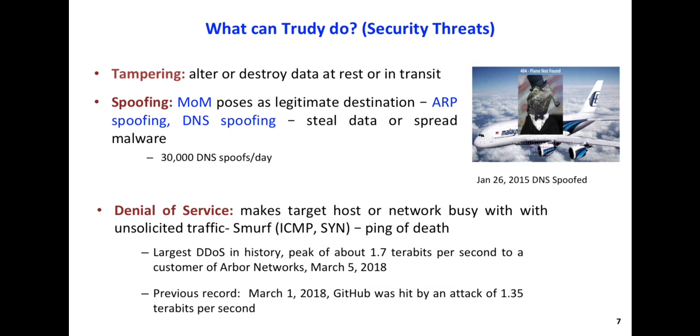And when a host receives an ICMP message, it sends a response. So when hundreds of computers receive ICMP, they all send responses to this IP address, which the attacker has given as a source address. And when this server receives so many responses, it gets overloaded and is not able to do any useful work.